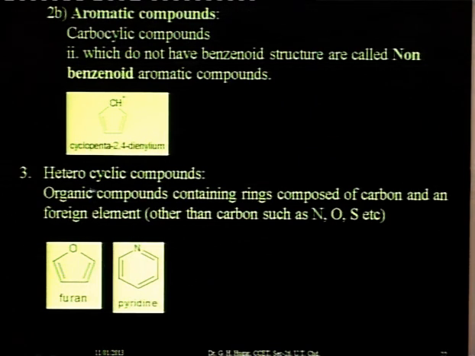Then only they are called heterocyclic compounds, right. So, this is how we can classify the aromatic compounds and heterocyclic compounds.